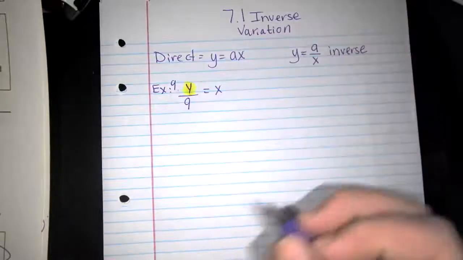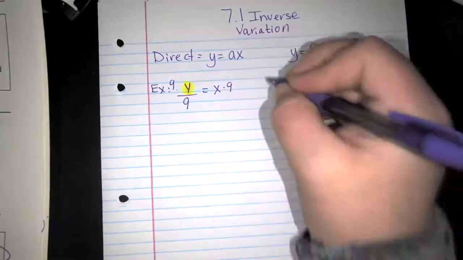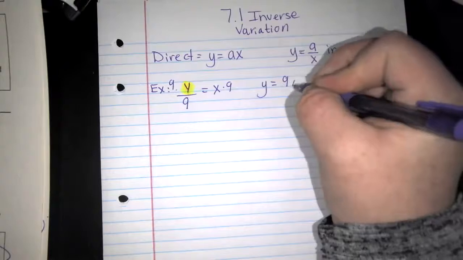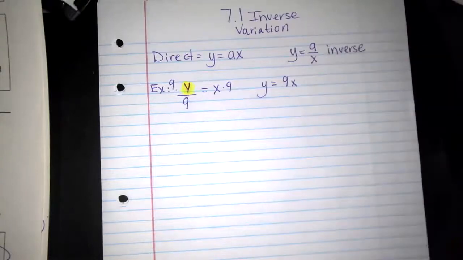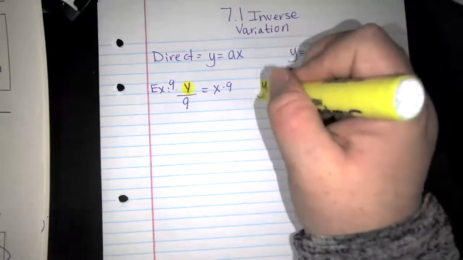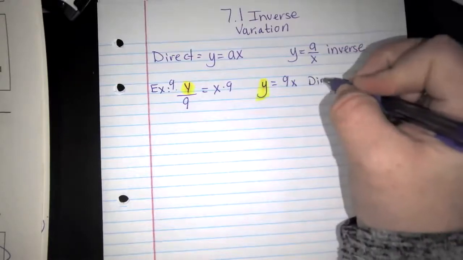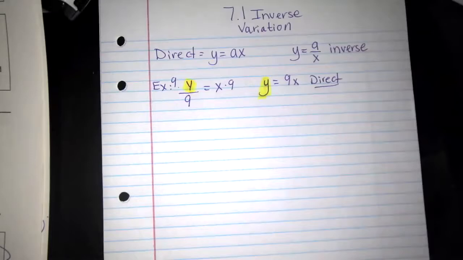What I do to one side, I do to the other, and I'm left with y is equal to, and I always put the number first, then the x, which you probably did without even thinking about it. Which one is that? Direct, done. But when you first looked at it, it looked kind of inverse-ish, didn't it? With that number on the bottom.